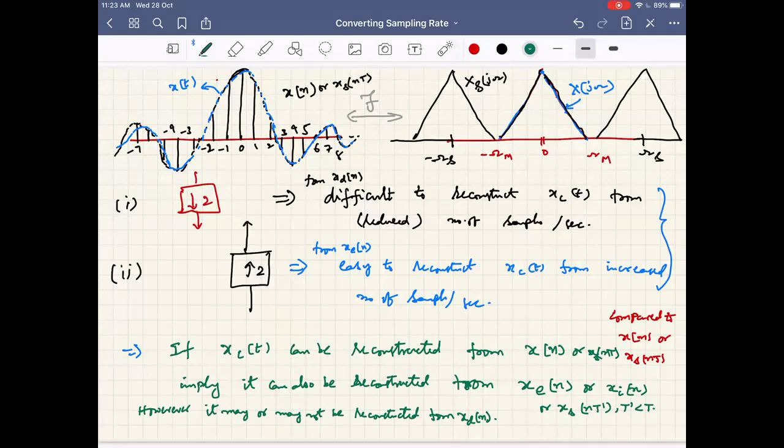If the original spectrum is well band limited compared to the sampling frequency, then you will be able to reconstruct it. Otherwise, you will not.